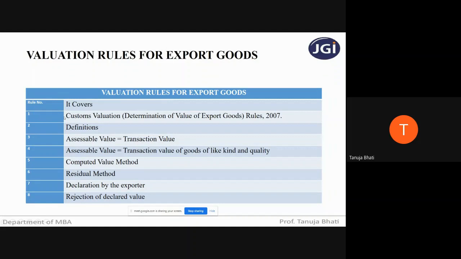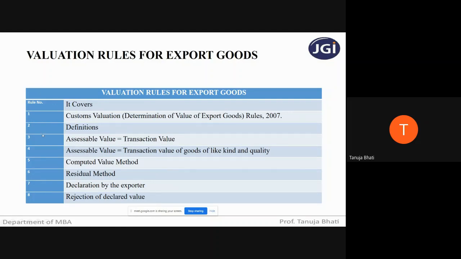Rule number 1 is the Customs Valuation (Determination of Value of Export Goods) Rules, 2007. It says that customs valuation has to be done as per the rules of 2007, which determine the value of exported goods, not imported goods, exported goods.